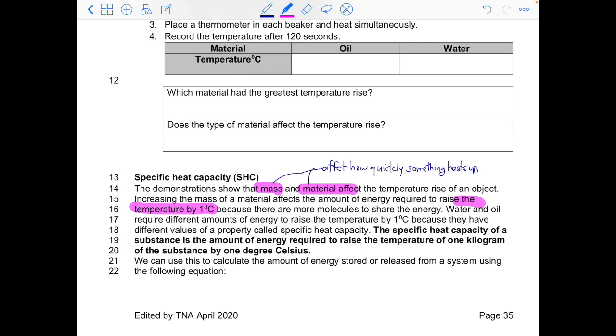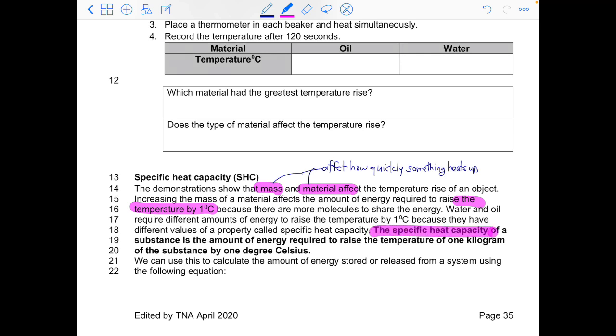So for example, if you have a mug full of water in the kettle, each molecule gets more of the energy every second than if you fill the kettle right full, right? Oil and water need different amounts of energy because they have different levels of specific heat capacity. They just take more or less energy to heat up.